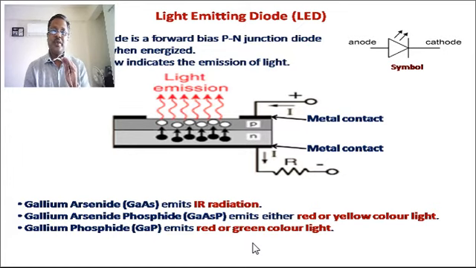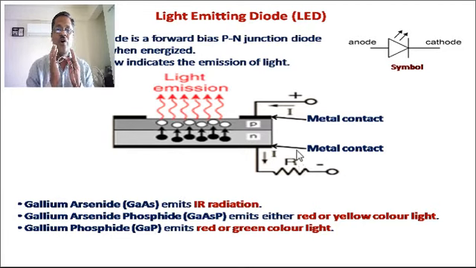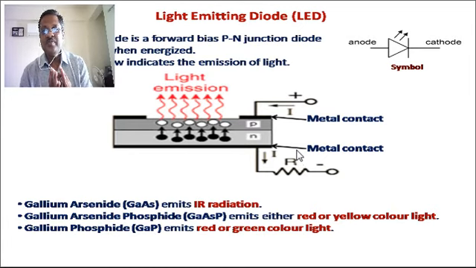So the color of the light emitted depends upon the semiconducting material used for the fabrication of LED, and by using these semiconducting materials, the junction acts as a source of light. So in this way, light is emitted when light emitting diode is forward biased.